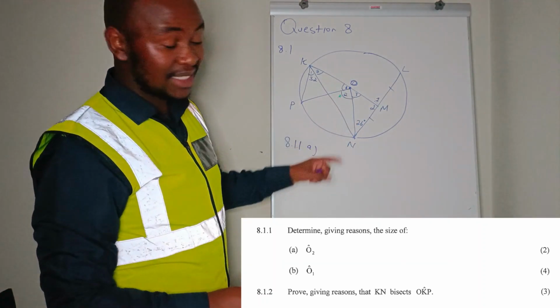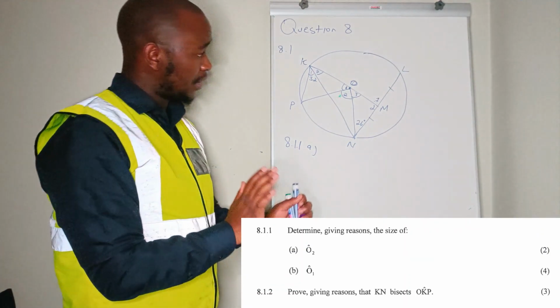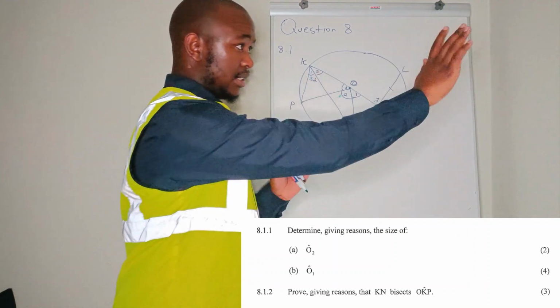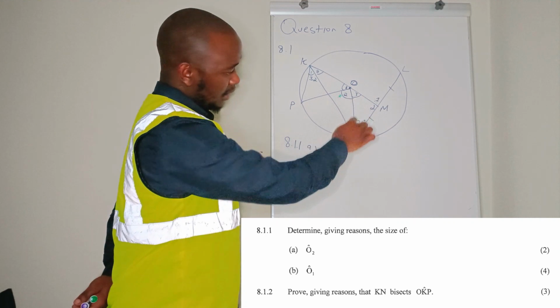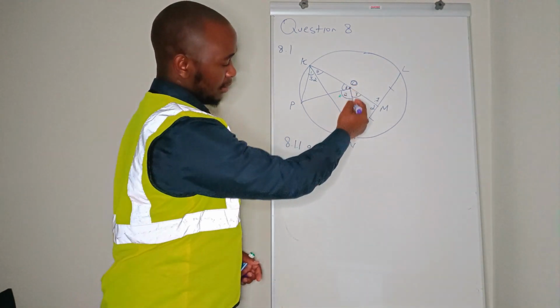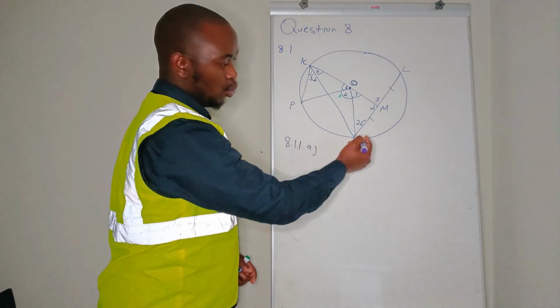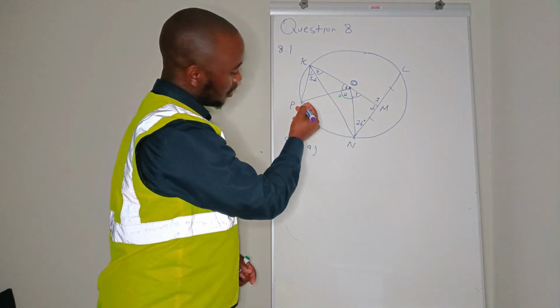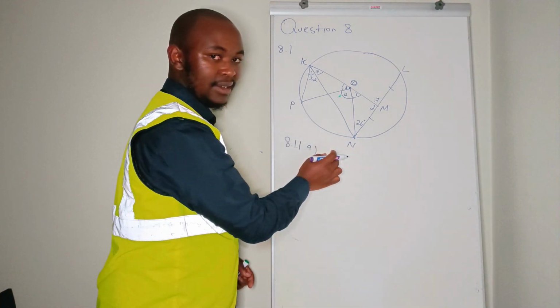So PN subtends. When we talk of subtend, we look at it as a structure that mimics a triangle, and it is closed by this arc here, arc PN.